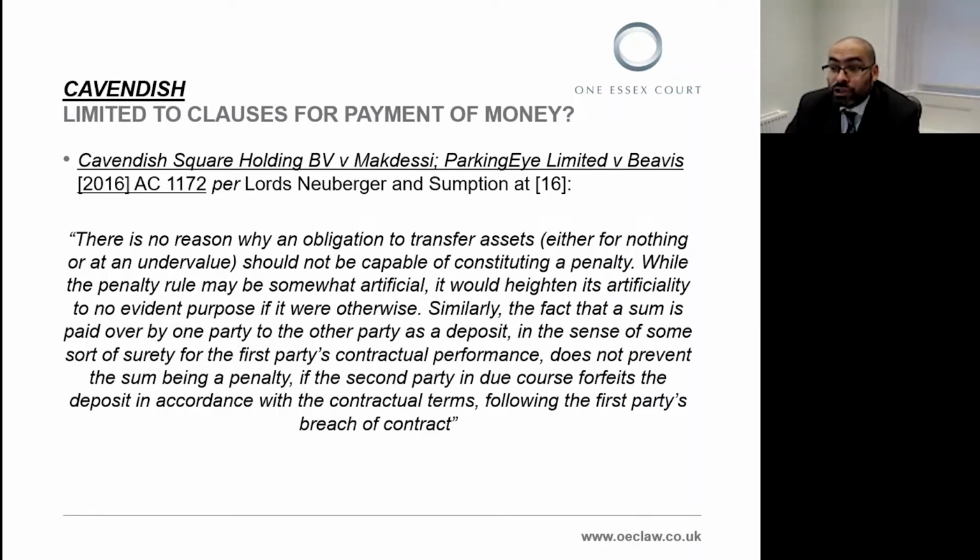While the penalty rule may be somewhat artificial, it would heighten its artificiality to no evident purpose if it were otherwise. Similarly, the fact that a sum is paid over by one party to the other party as a deposit, in the sense of some sort of surety for the first party's contractual performance, does not prevent the sum being a penalty if the second party in due course forfeits the deposit in accordance with the contractual terms following the first party's breach of contract.